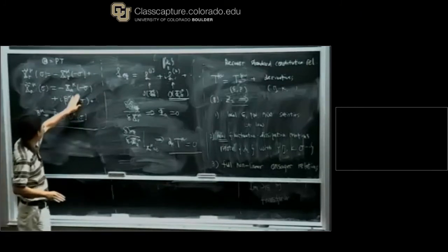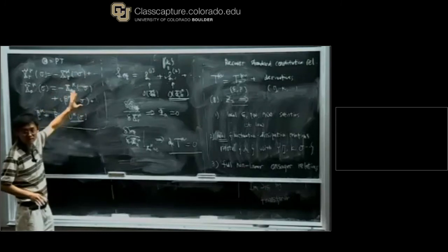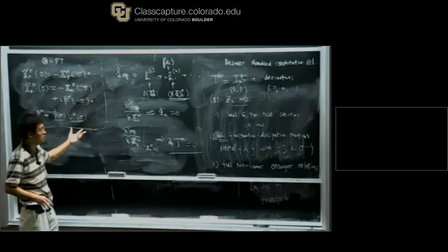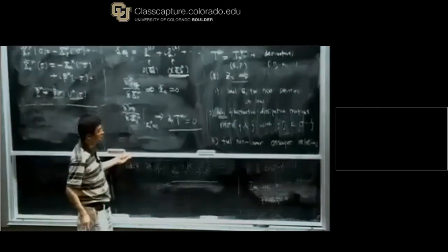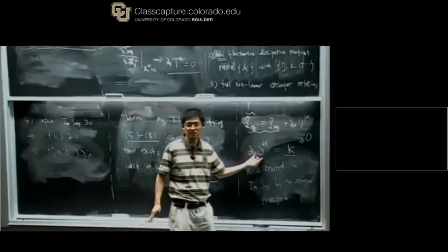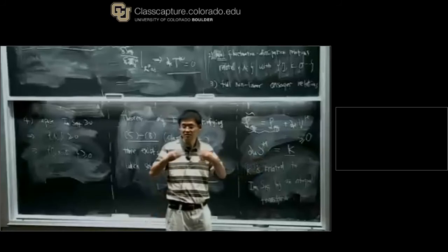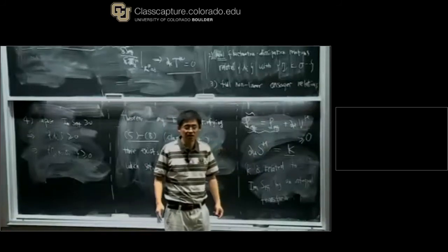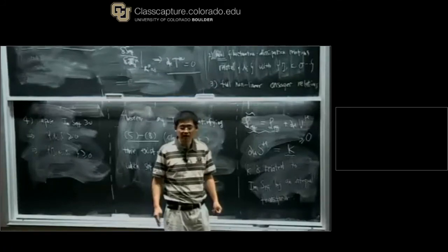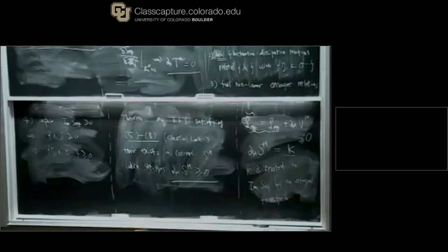If you erase that, this becomes a continuous transformation, an accidental U1 symmetry. At the ideal fluid level, this becomes a conserved current, which is consistent with the standard expectation that in the ideal fluid the entropy is conserved. Okay, I will stop here. Thank you.